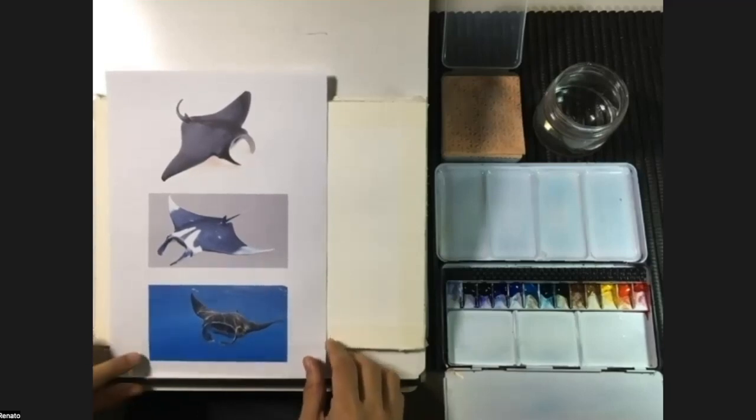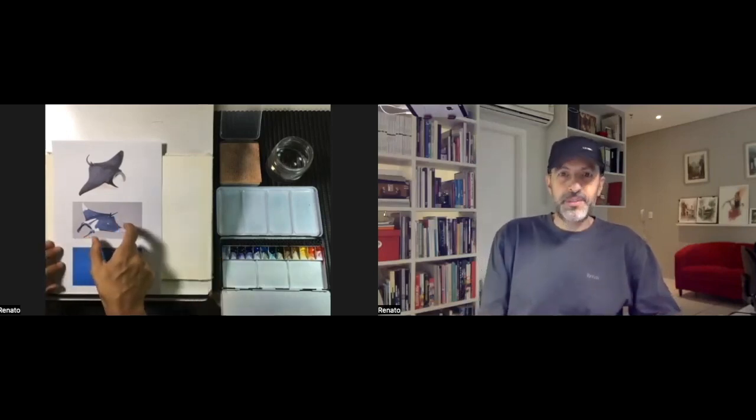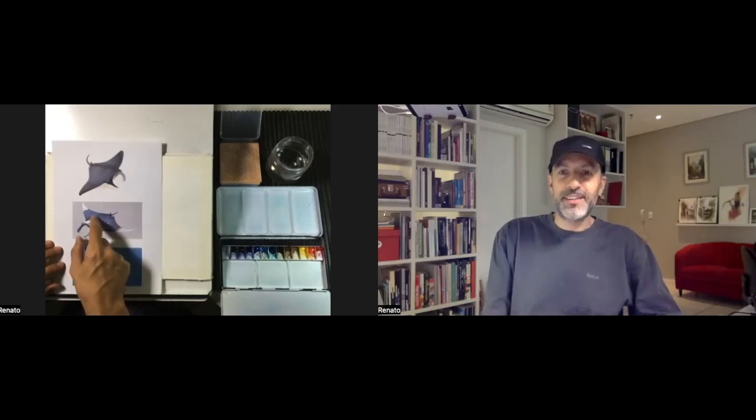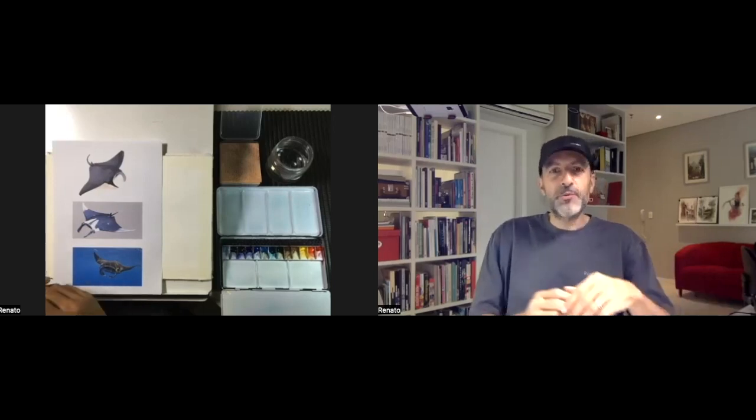It's a specific kind of stingray that is really big. These animals are bigger than a human. If you put somebody beside it, they will be smaller than the ray. It's really big.